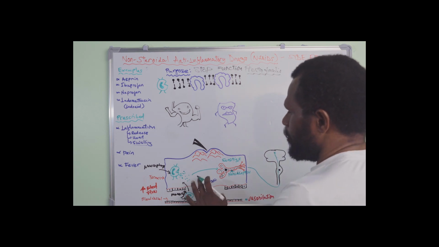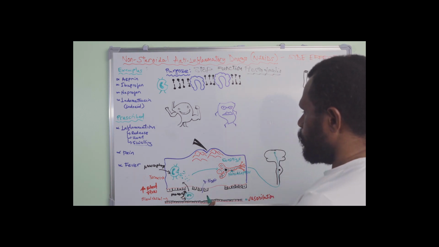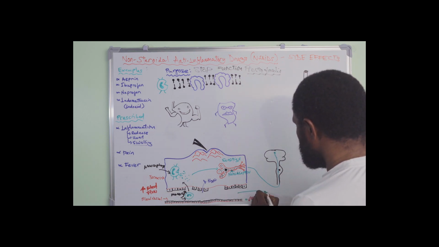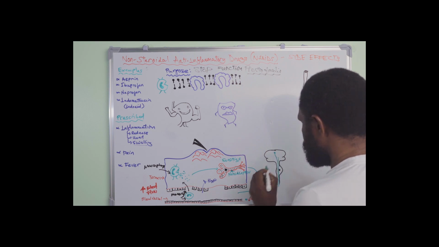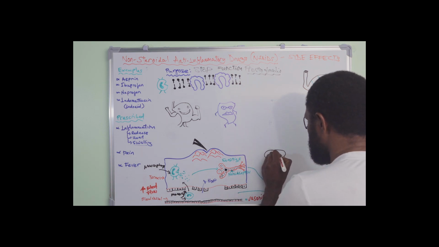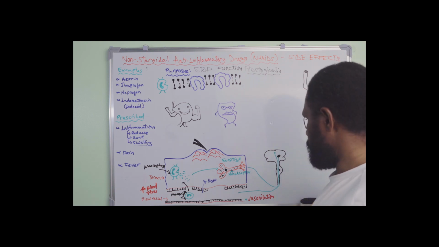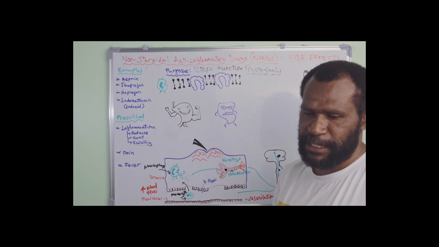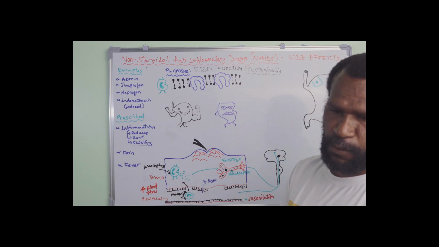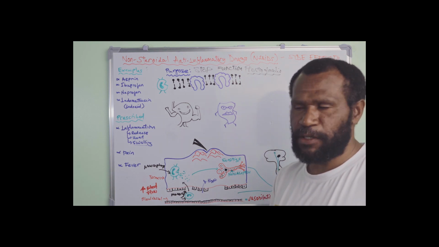What happens is that this prostaglandin E2 gets into the blood and circulates to a certain part of the brain in the hypothalamus, called the preoptic hypothalamus, in special cells in the hypothalamus that are responsible for regulating body temperature, the thermoregulation center.